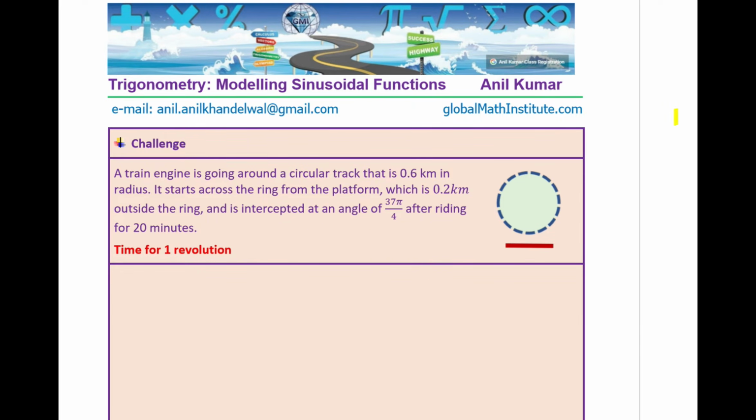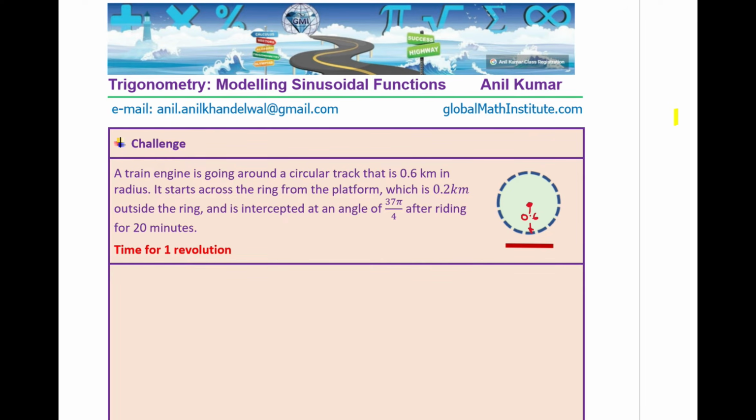Now let me share with you my suggestion on this particular thing. What we are given here is that a train engine is going around a circular track. Let us say this being the center, 0.6 kilometers in radius. So it is 0.6 in radius, correct?